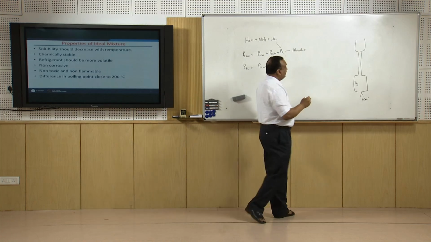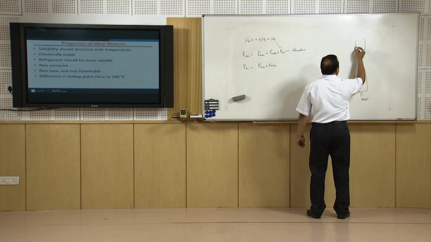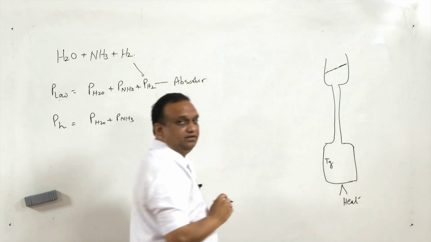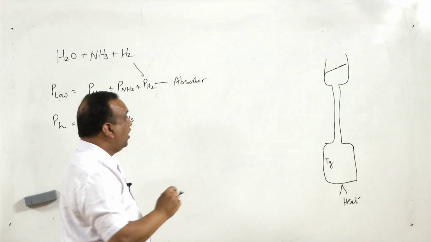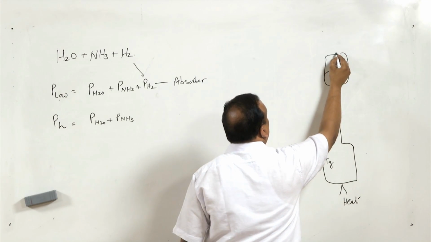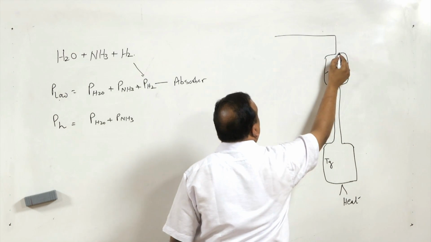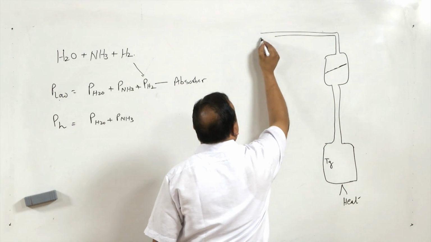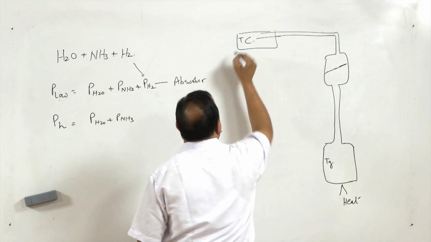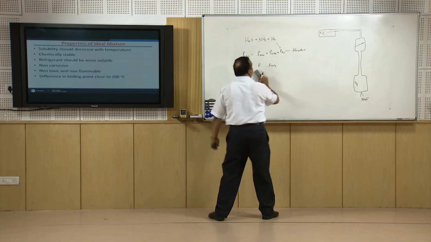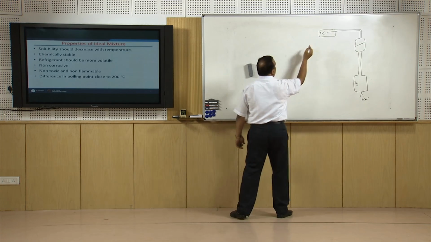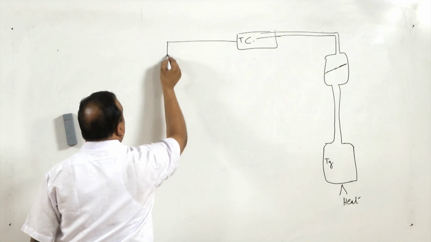After the generator, there is a separator where stratification of liquid and vapor takes place. Now, in this case, the vapor goes to the condenser. Now, after the condenser, it is connected to the evaporator.